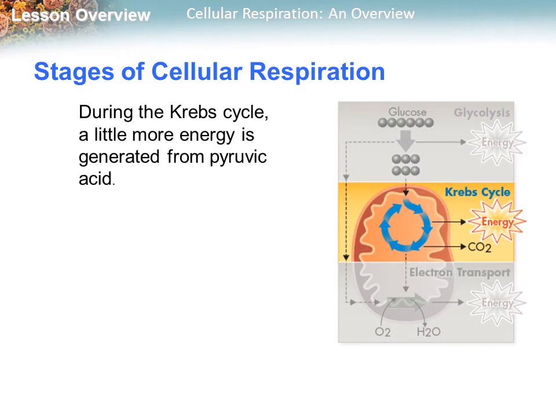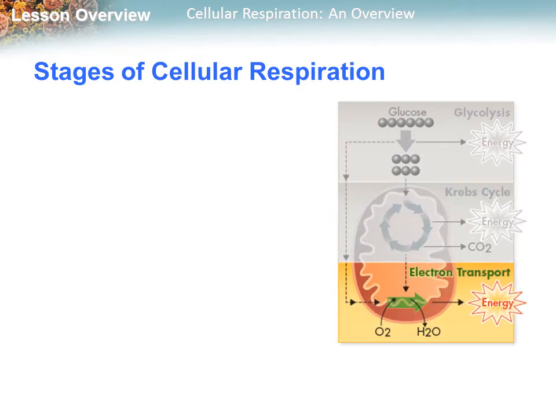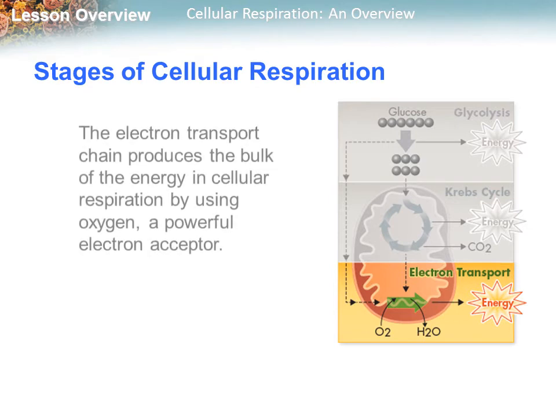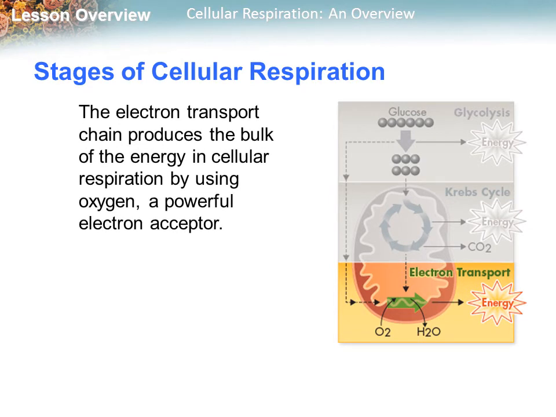As you can see from the diagram, during the Krebs cycle, a little more energy is generated from pyruvic acid. The third stage is the electron transport chain, which produces the bulk of energy in cellular respiration by using oxygen, a powerful electron acceptor.